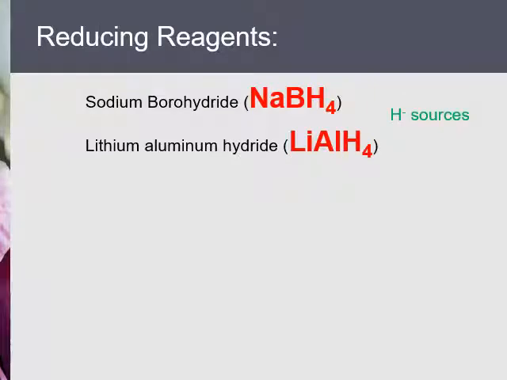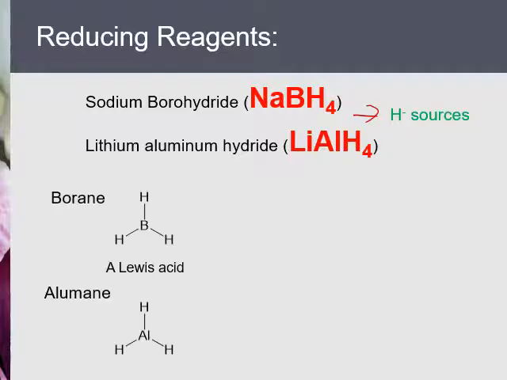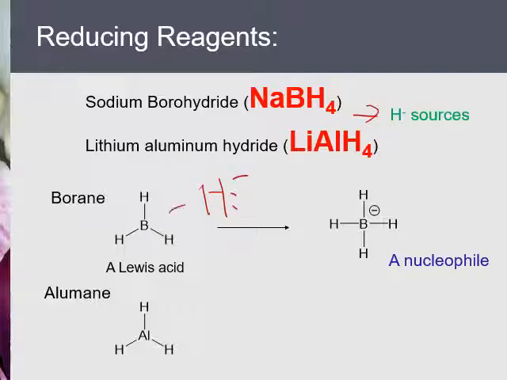Let's go over the two most commonly used reducing reagents, sodium borohydride and lithium aluminum hydride. Both are hydride sources. Sodium borohydride is made by combining hydride with boron. Although borohydride provides hydride, they are not exactly the same.